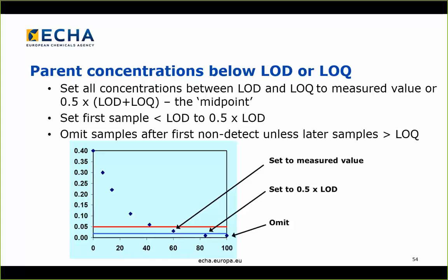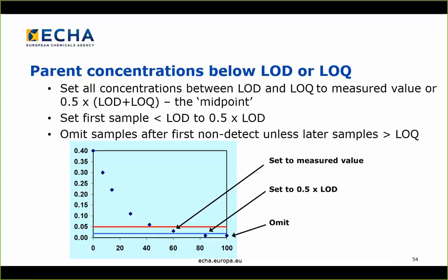For example, you have 150. In this one again, we get to this value is less than the LOQ, but still greater than the LOD. So we would include this value. This value is less than LOD, so it would be assigned to 0.5 of the LOD value, but it goes above 6.